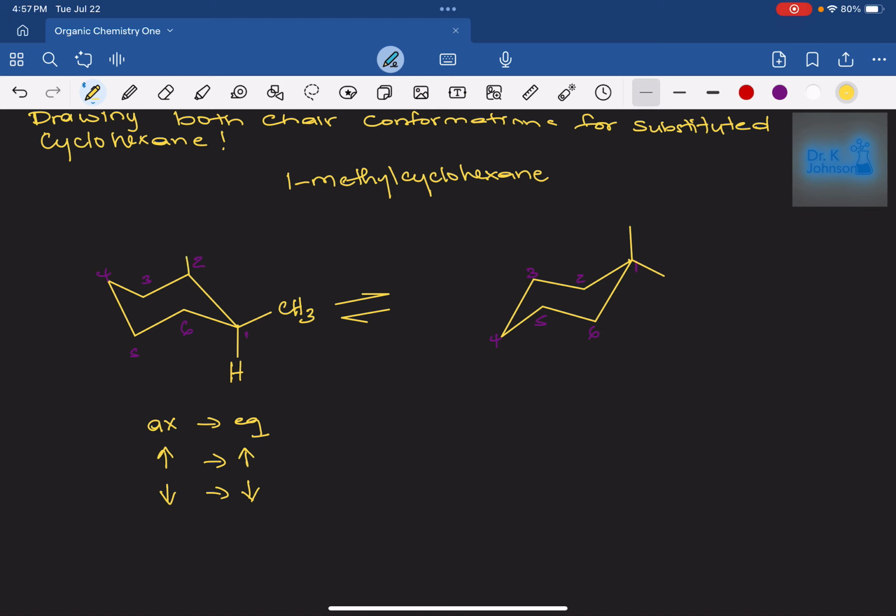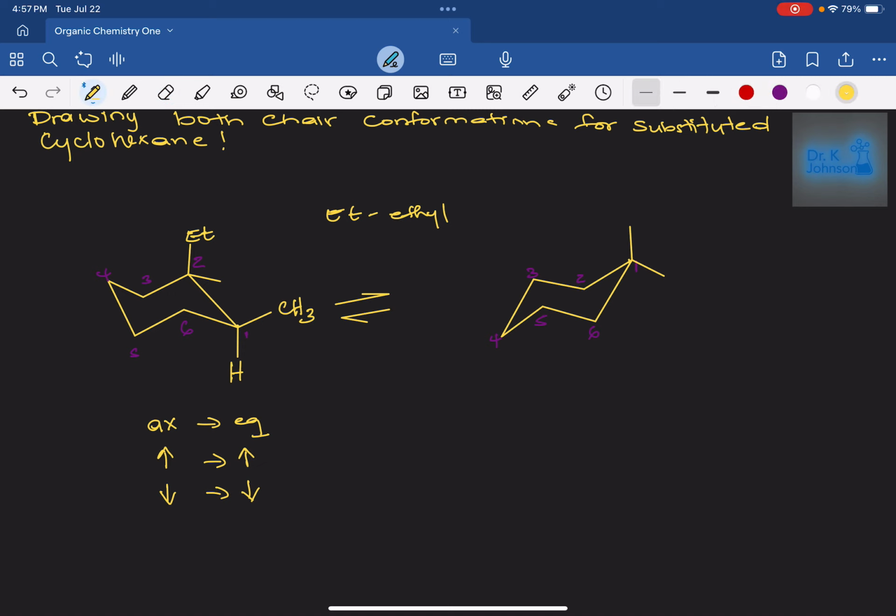Let's put on carbon 2 an ET, sorry, ET, see why this is happening. ET, T stands for ethyl. And let me erase this because this is not the name of what we're doing.